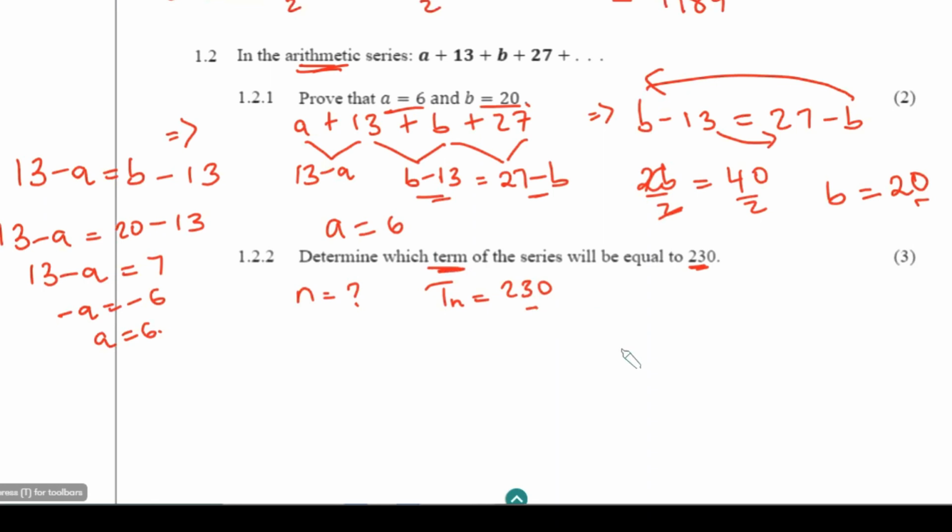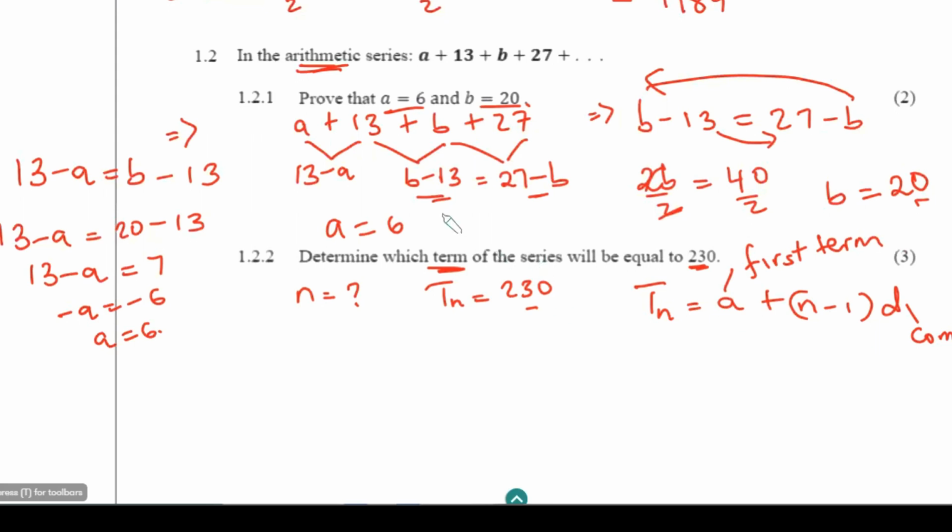So from the general term of an arithmetic series, we know that Tn is a plus n minus 1 multiplied by d. We know that a is the first term, and d is the common difference, and we're looking for the position.